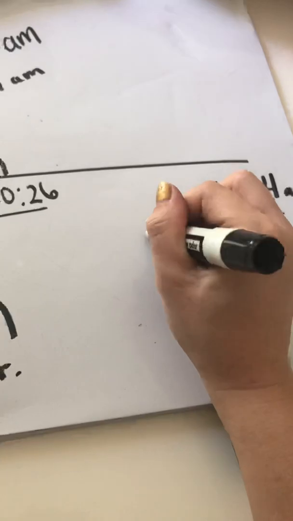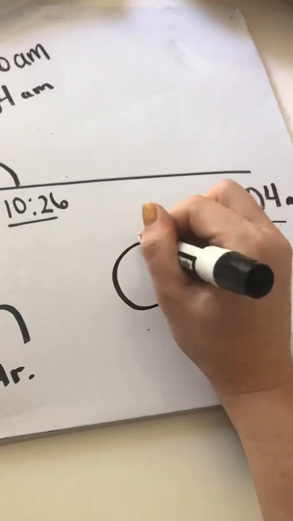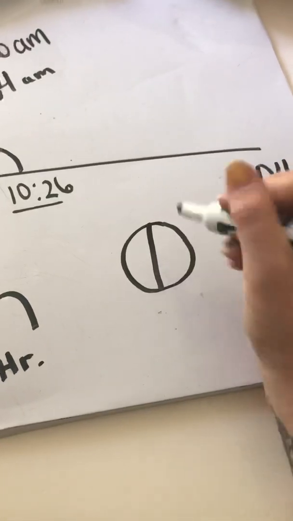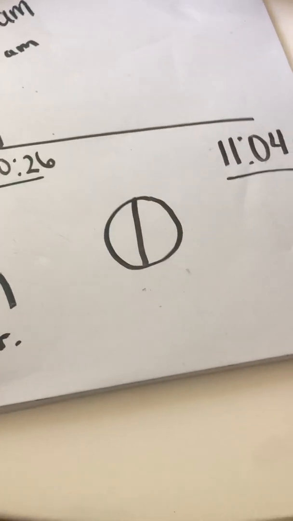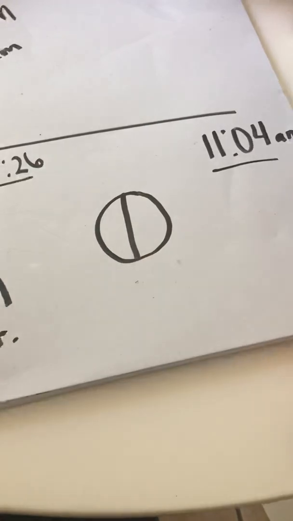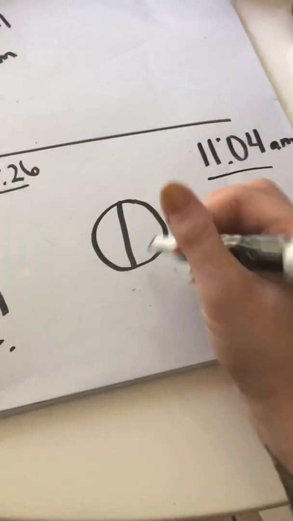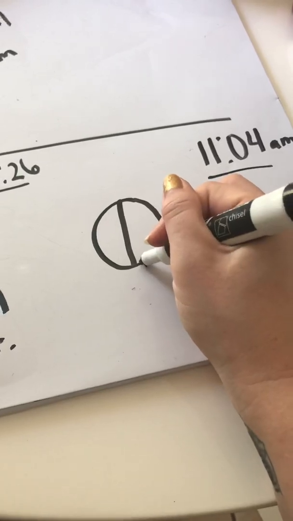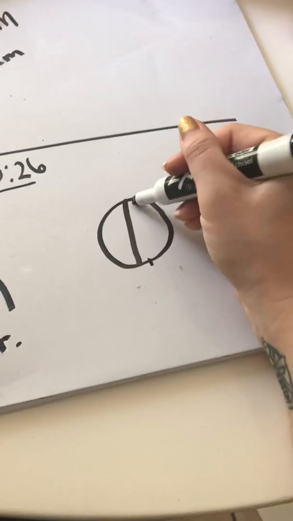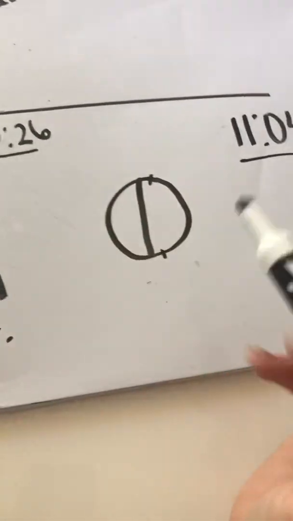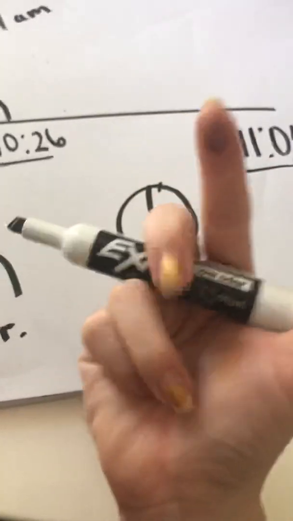If I have a clock, if I divide the clock in half, I know that this is 30 minutes and this is 30 minutes, right? And if I'm thinking about the time 10:26 to 11:04, 10:26 is right here and 11:04 is kind of right here. So I'm going to count how many minutes until I get to 10:30, 26, 27, 28, 29, 30.